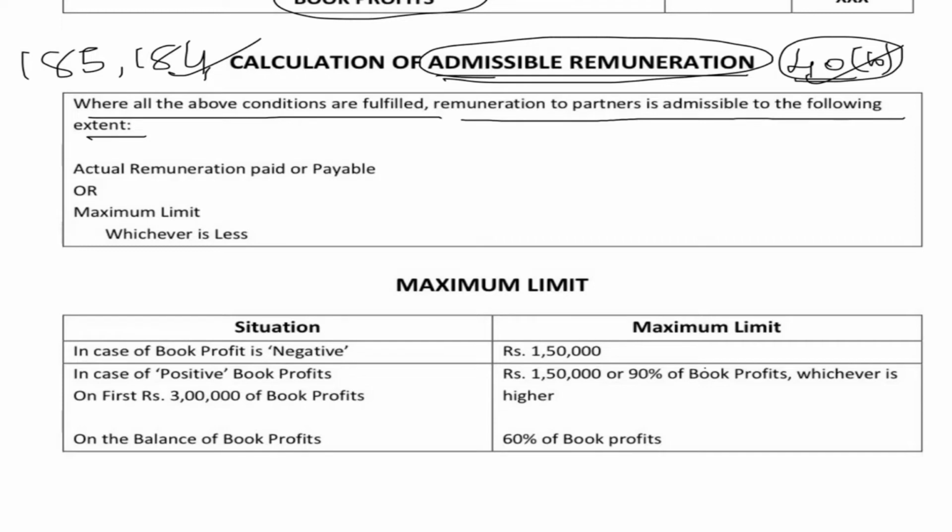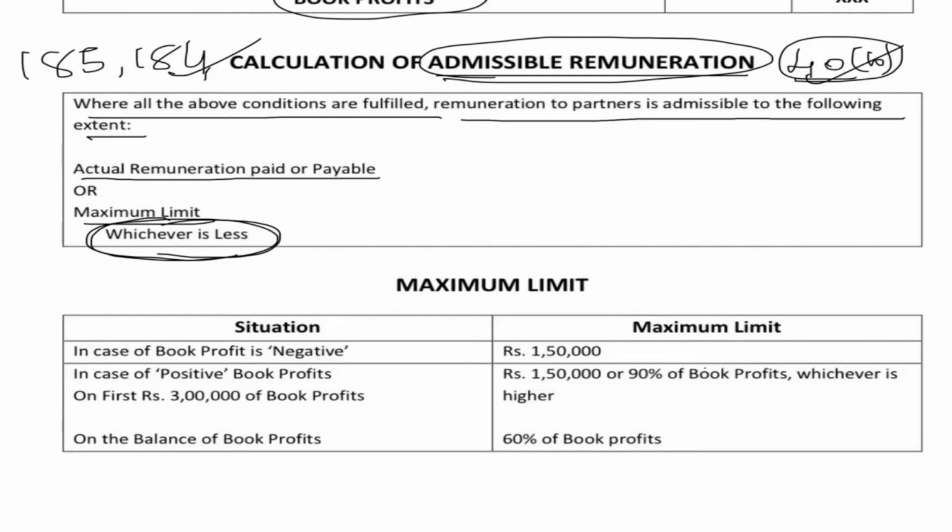To avail the benefit of remuneration, there are two criteria that they should satisfy. Point number one is actual remuneration paid or payable to partners or maximum limit, whichever is less. I repeat, whichever is less. The lower amount is your admissible remuneration.